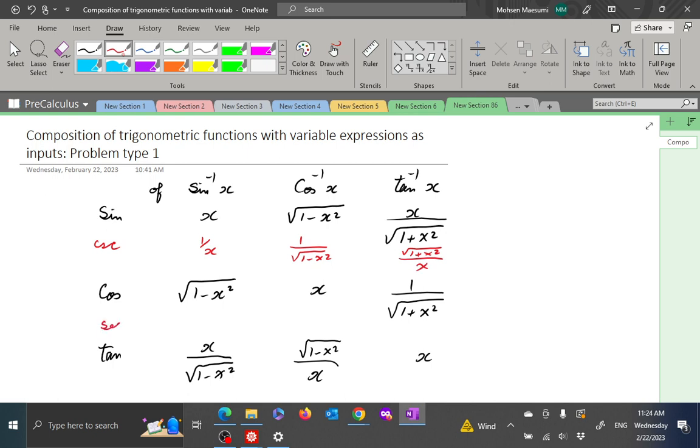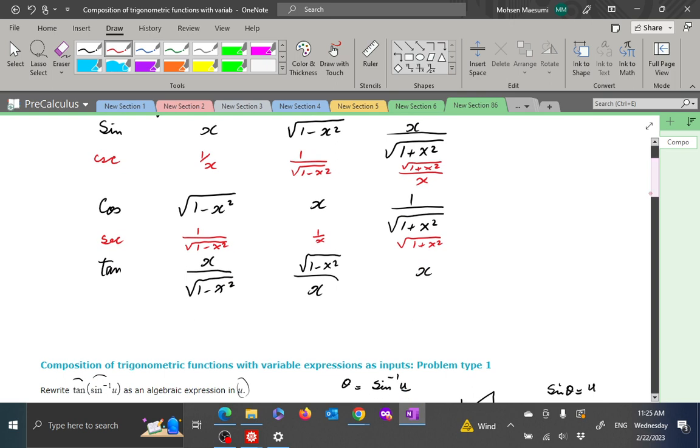In the same way, secant of these is the reciprocal of those: 1 over radical 1 minus x squared, 1 over x, and this is going to be radical 1 plus x squared. And cotangent of the above is going to be the reciprocal of these things: radical 1 minus x squared over x, x over radical 1 minus x squared, and then 1 over x.